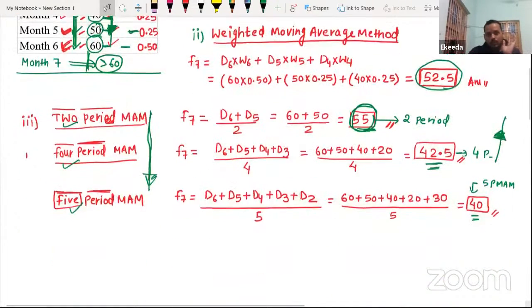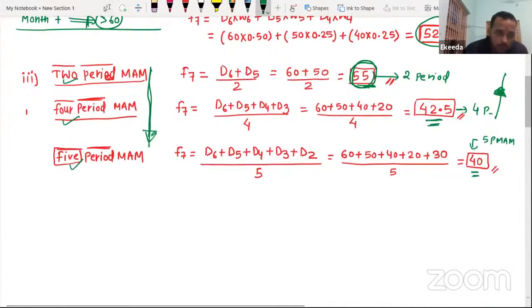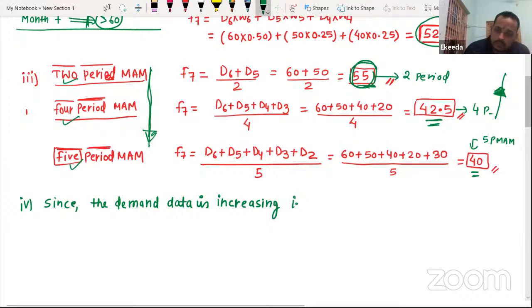So what will we write for the fourth part? Okay, what will we write for the fourth part? We will write that since the demand data is increasing, that is, it is trend data.